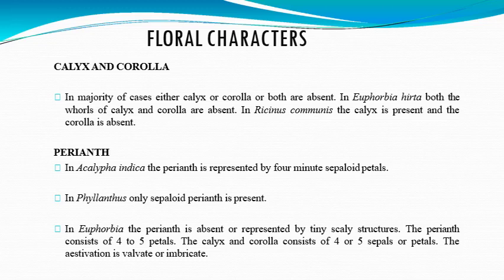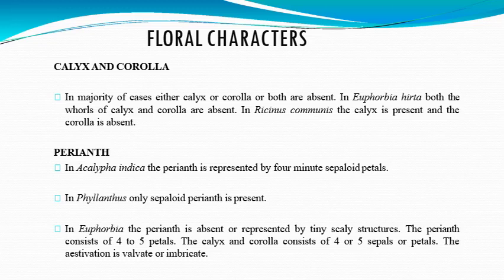So it means we have incomplete flowers. As you know, when there is no differentiation between sepal and petal, we call such a structure perianth. So in Euphorbiaceae, perianth is present.